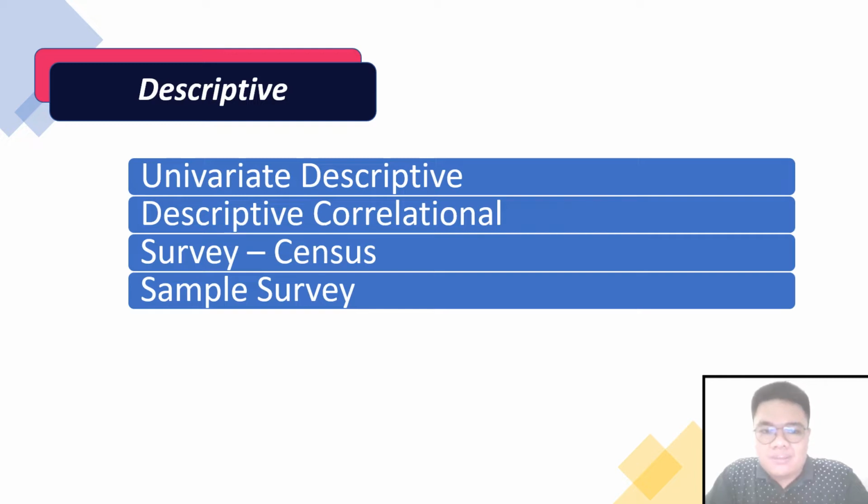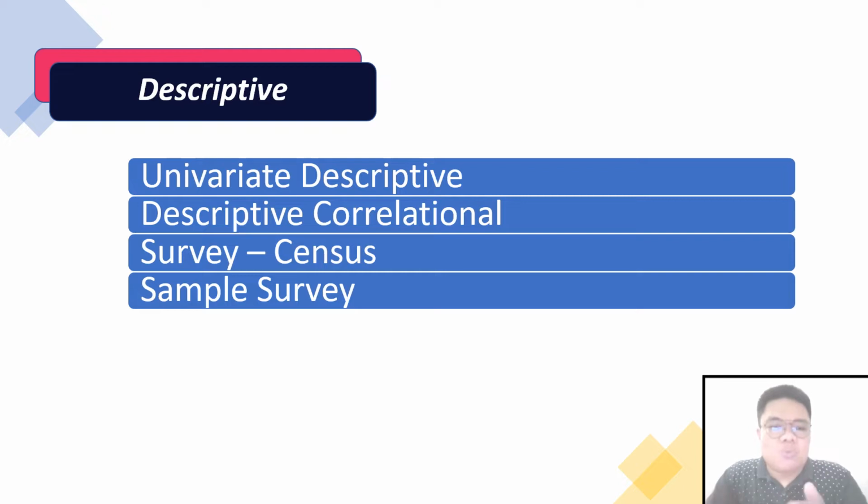When I talk about descriptive correlational, you are trying to correlate between two or several variables. Just to elucidate, an example would be if I want to determine the infection control practices of nurses in a private hospital in Iloilo, that is univariate descriptive.